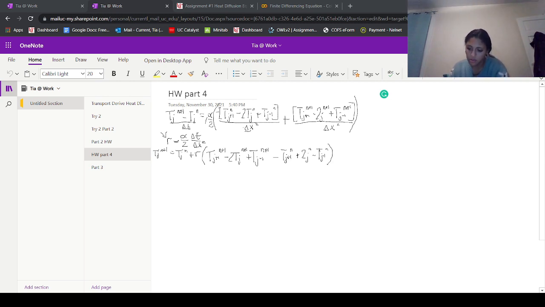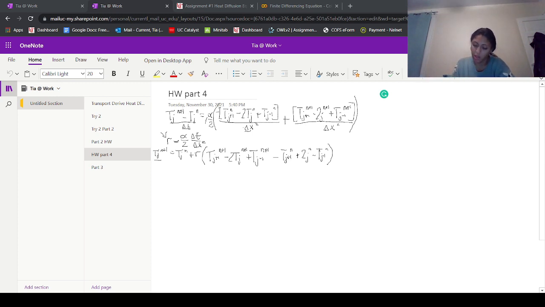Okay, so let me zoom out here and figure out what to do next. That's not all the combining that you can do with this equation. So there is temperature at position J at n plus 1 on this left side of the equal sign.